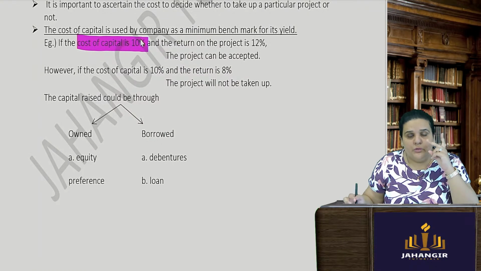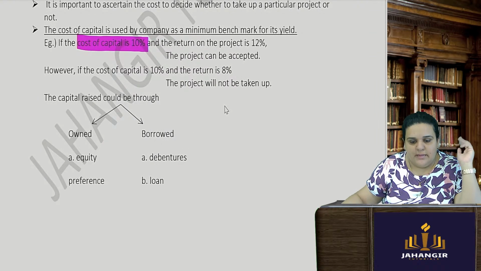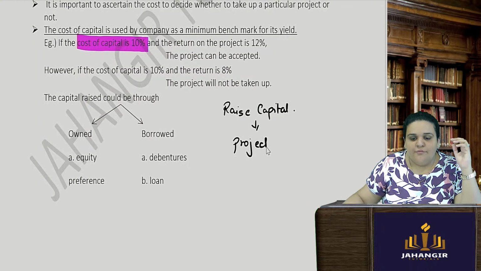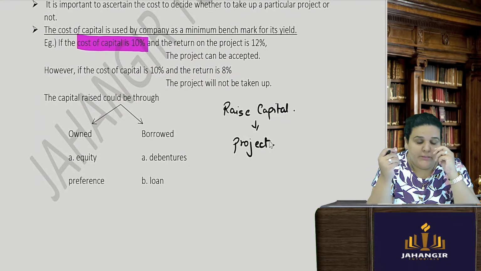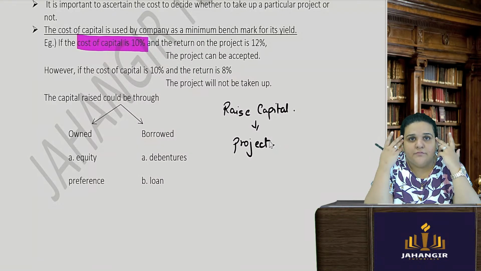Now, there is one very important reason why a company would raise capital. Why will a company raise any amount of money? They raise capital for a particular project, to finance a particular activity. So why is cost of capital important?